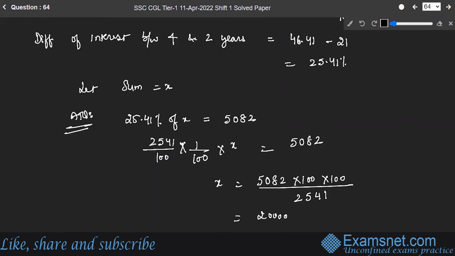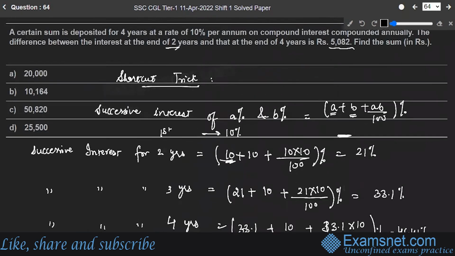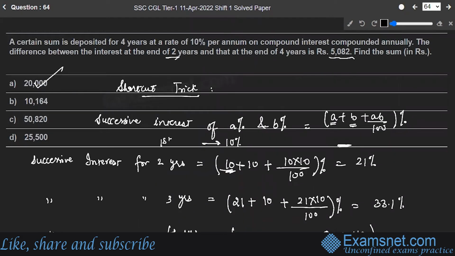Right? So the sum that was initially there was 20,000 rupees. Let's check. Option A is the correct answer for this question. Hope you are clear with this shortcut trick.